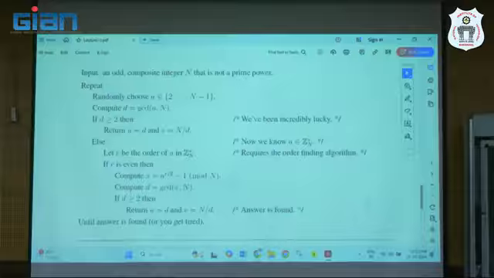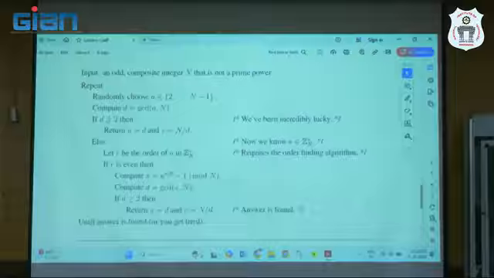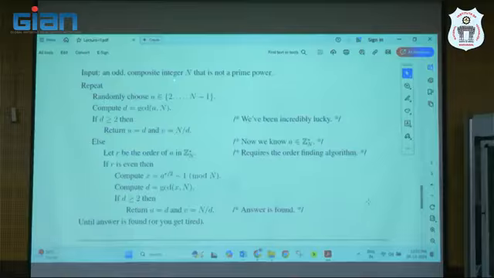This we will see in the tutorial. So we are assuming it is not a prime power. Agreed? n is a composite number which is odd and not a prime power. Of course, if it is not a prime power, it is not a prime number, right?